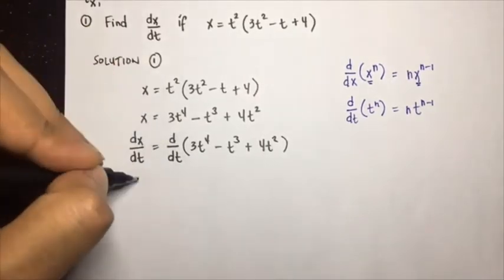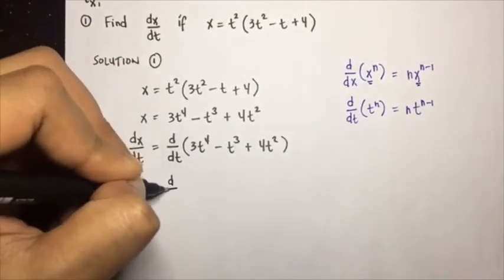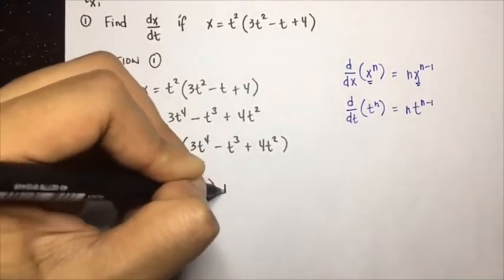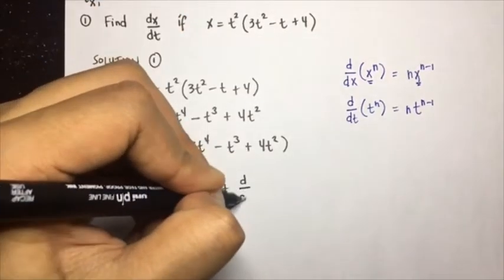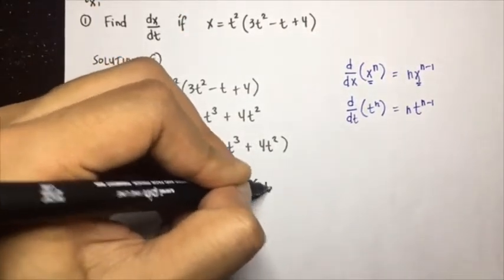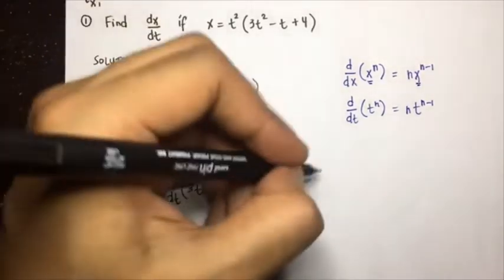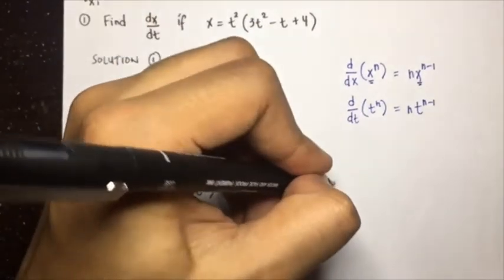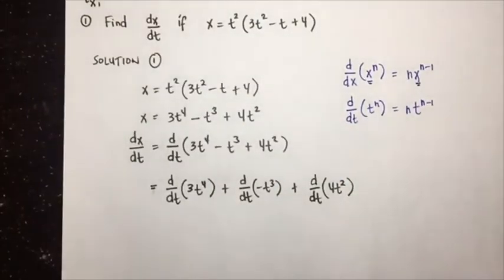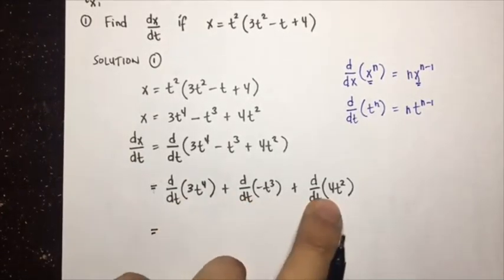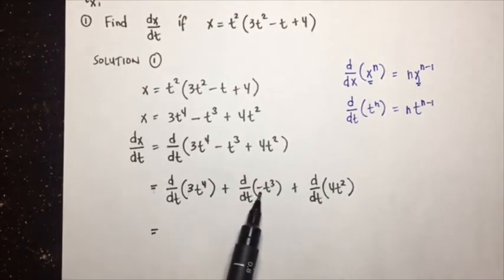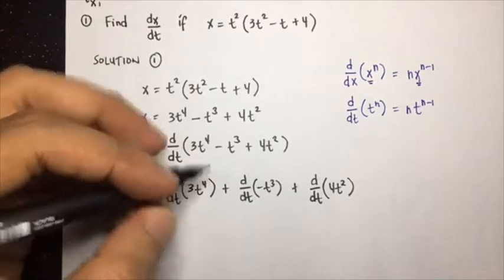So we have the derivative with respect to t of 3t to the power of 4, plus the derivative with respect to t of negative t cubed, plus the derivative with respect to t of 4t squared. What's next is the constants, so we can take out the constants. Here we have 3, here we have negative 1, here we have positive 4.